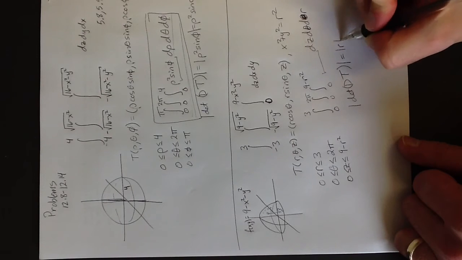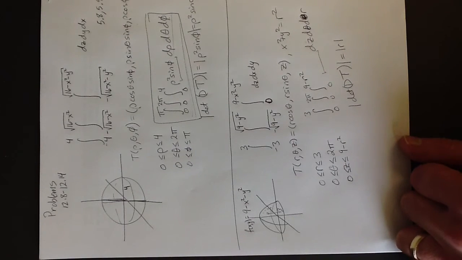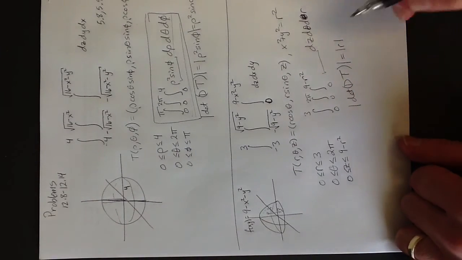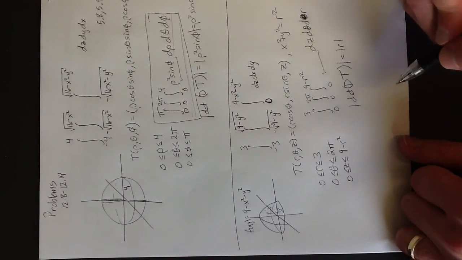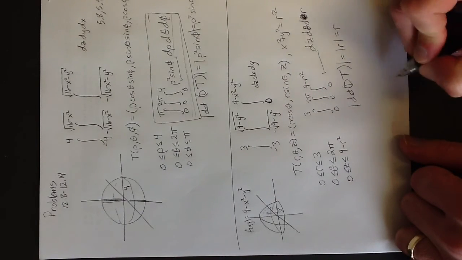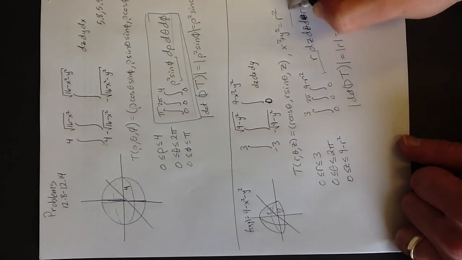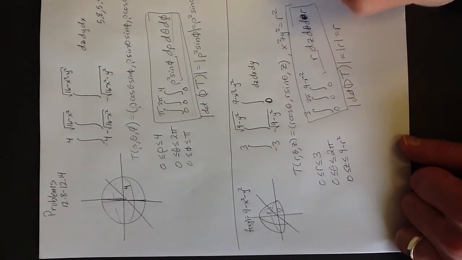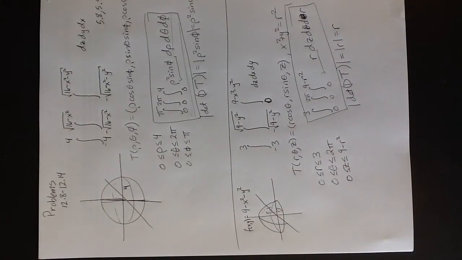And if we do this and do the simplifications, we get that it's equal to r. And again, r is 0 to 3. It's never negative, so we can drop the absolute value in this case. And so we get this integral right here. Much, much nicer than this rectangular xyz integral up here.